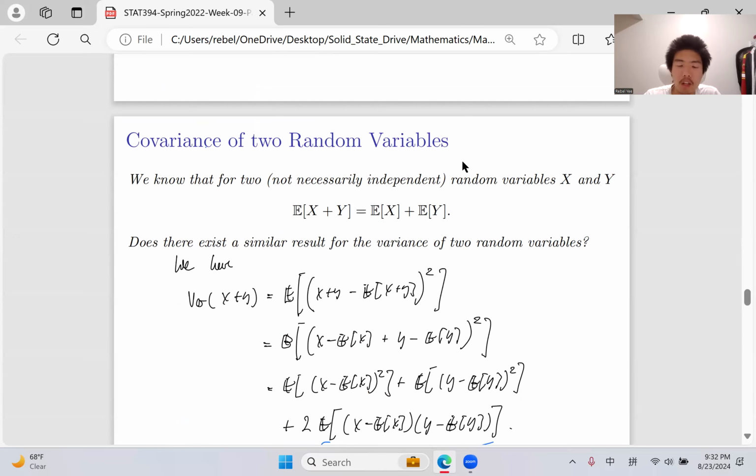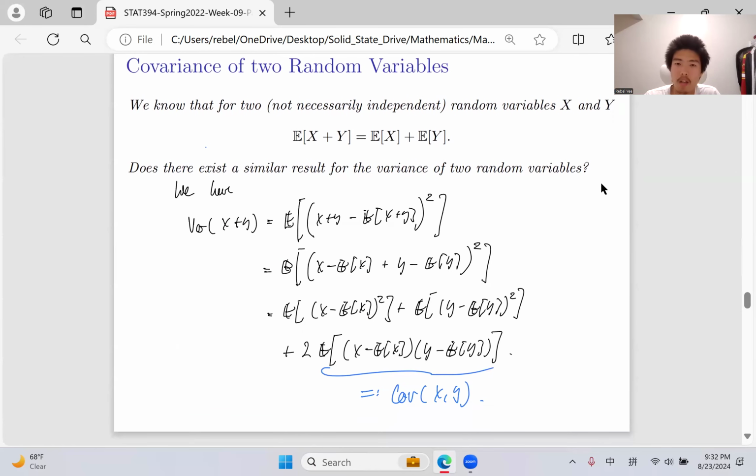So if we have two random variables X and Y, as we talked about at the beginning of this lecture, the expected value of their sum is the sum of their expected values, no matter if they are independent or not. But what about variance?